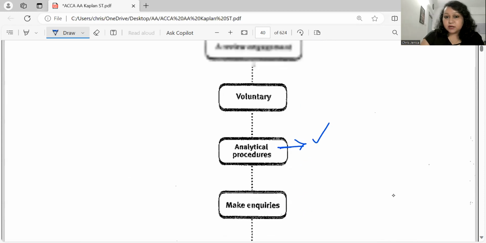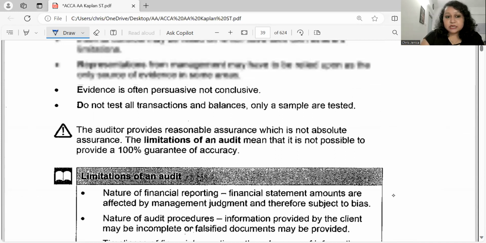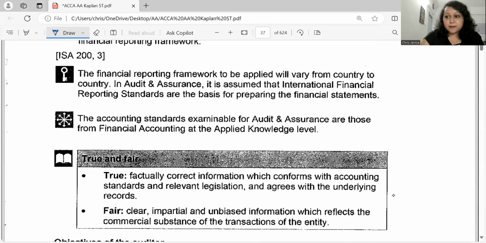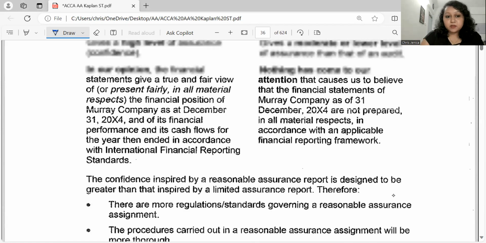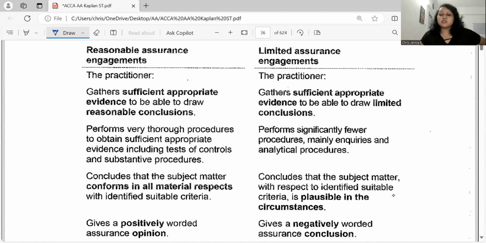Now I'm going back to that topic, reasonable assurance and limited assurance. Now, reasonable assurance is where we will be gathering sufficient appropriate evidence to provide reasonable conclusions. Whereas limited assurance is where we are going to gather evidence, sufficient appropriate evidence, but to provide only a limited conclusion.